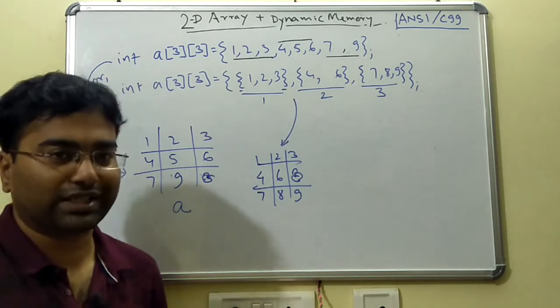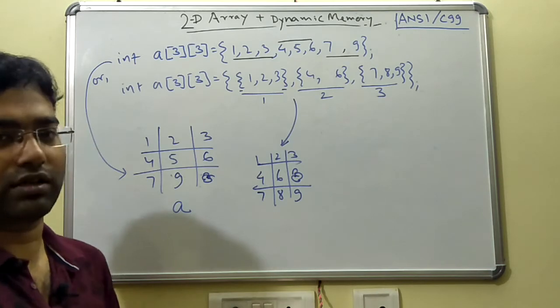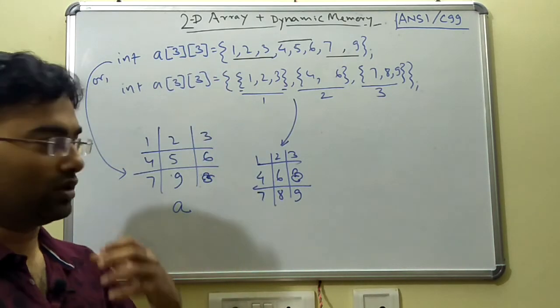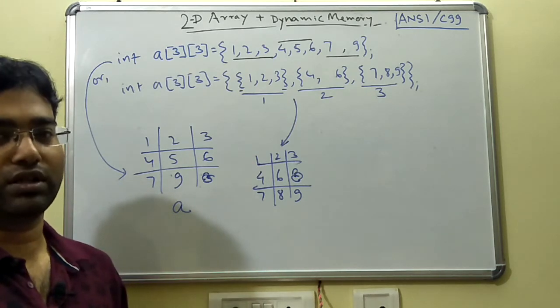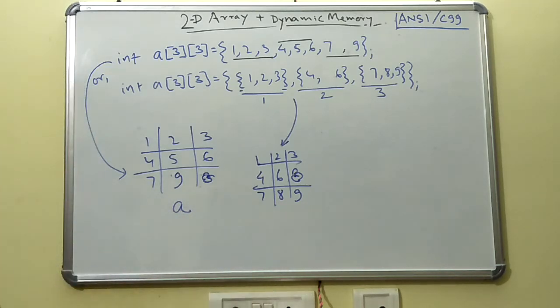So this is the static way of 2D integer array declaration, but our topic is how we can create a 2D array using dynamic memory allocation, that is using either malloc or calloc. Okay, so we'll see.